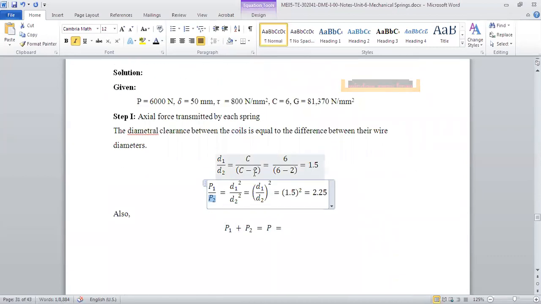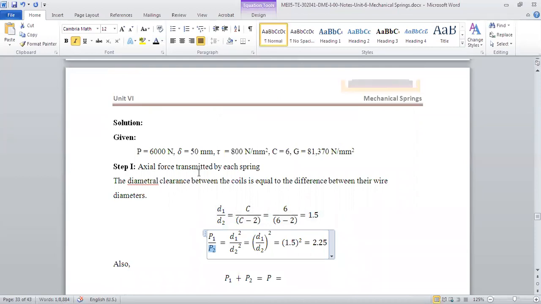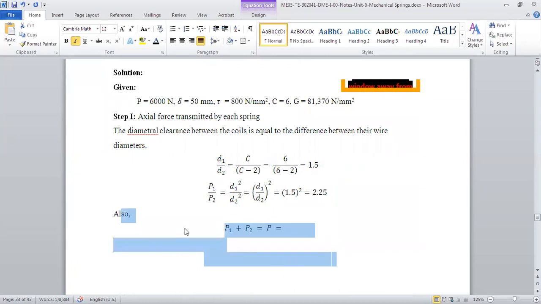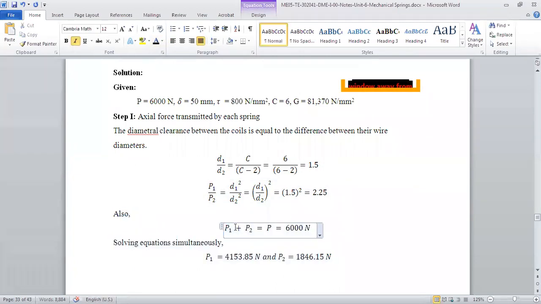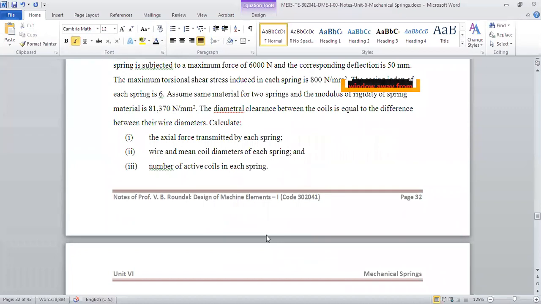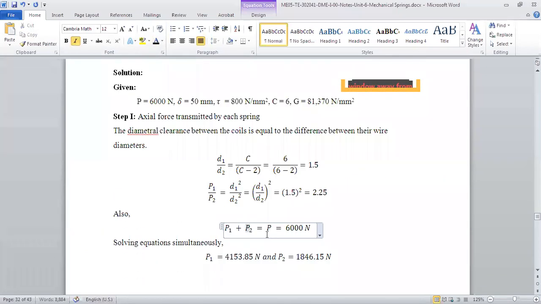So if we know the spring index C, then we can find the ratio of the wire diameters. Once we know that, we can find the ratio of the load taken by each spring. And once we know that, we can find the individual loads, because P1 plus P2, the load taken by each spring, is the total P, which is 6,000.